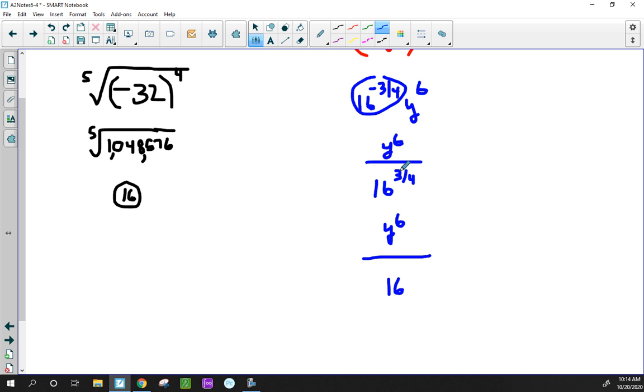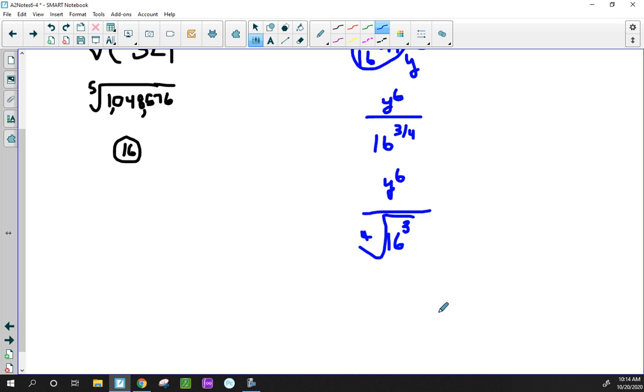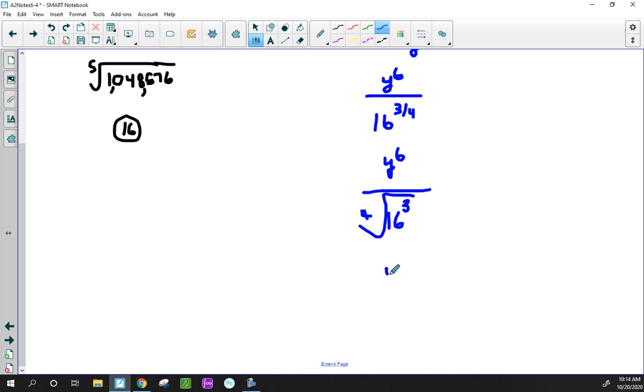You can change that fraction power over to a radical, put 3 as a power, keep the 4 as your index, and evaluate that. 16 to the third. Okay, so let's see if this is going to work for us. If it doesn't, we might have to go back and rationalize.